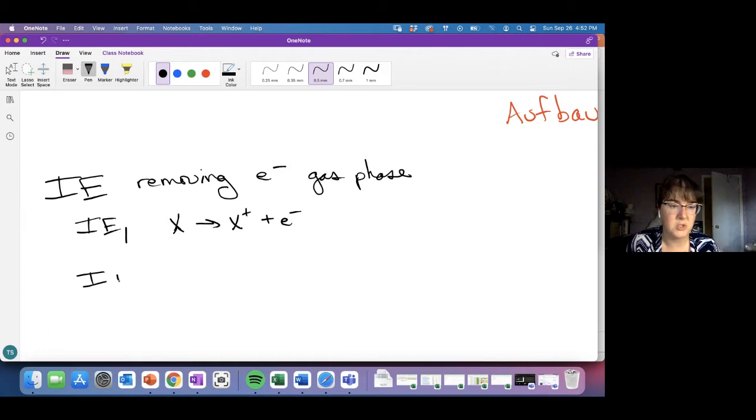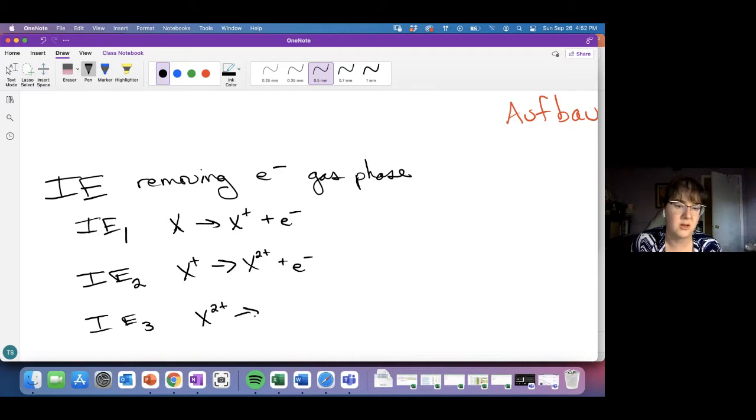The second ionization energy then is when you're removing the next one. And this is important because anytime you're talking about ionization energy, we're always removing one electron at a time. So we could keep going into third and fourth and fifth, and just realize that all we're doing is removing the next electron and the next electron and the next electron. So all of these are doing electrons one at a time.